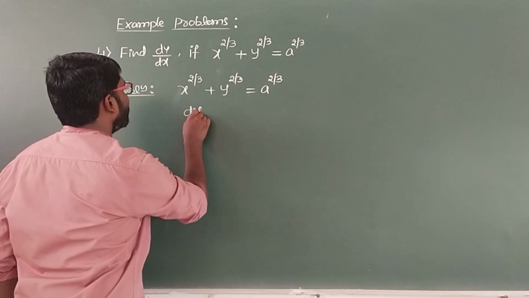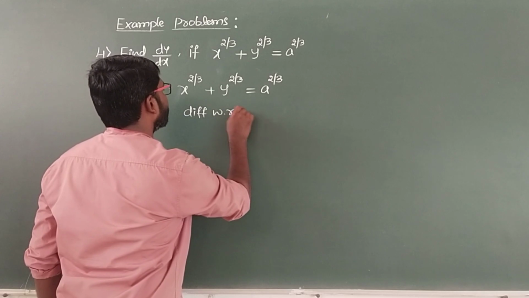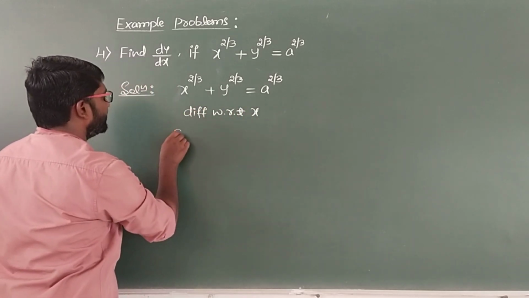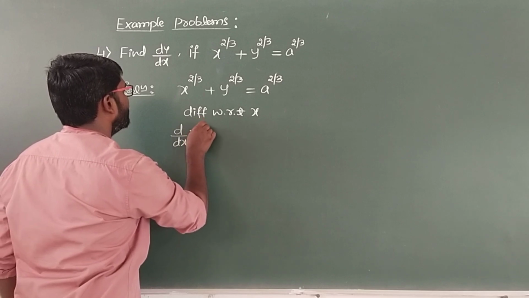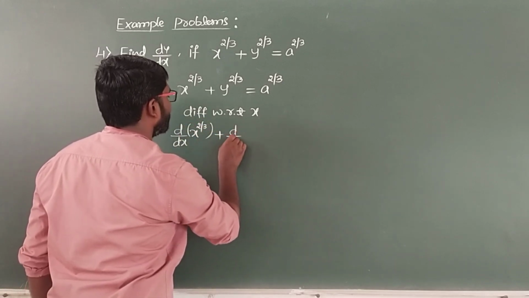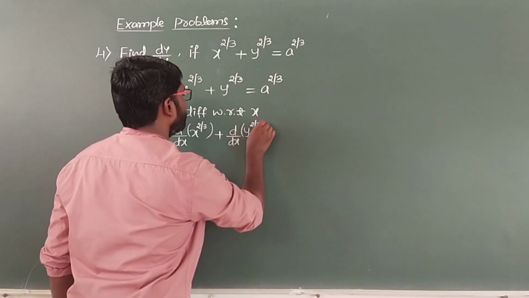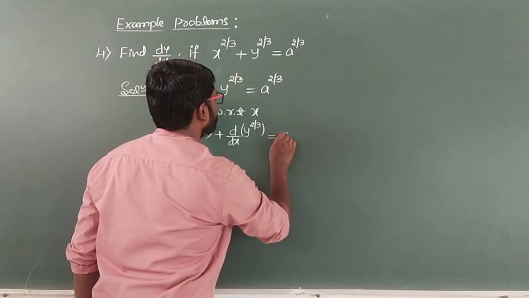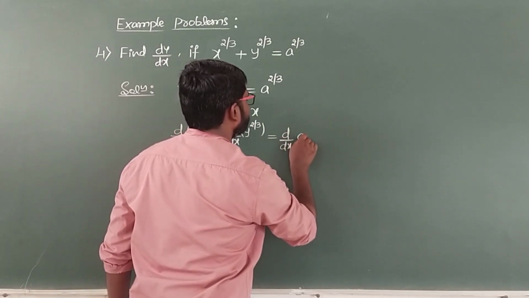So differentiate with respect to x. So what do we get here? d by dx of x to the power 2 by 3 plus d by dx of y to the power 2 by 3, this is equal to d by dx of a to the power 2 by 3.